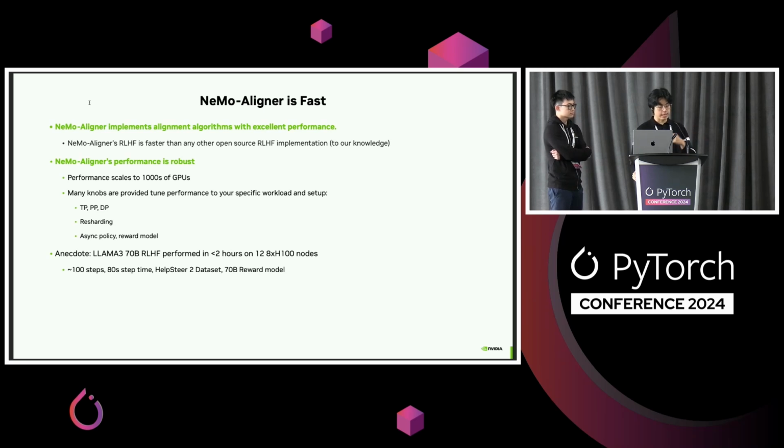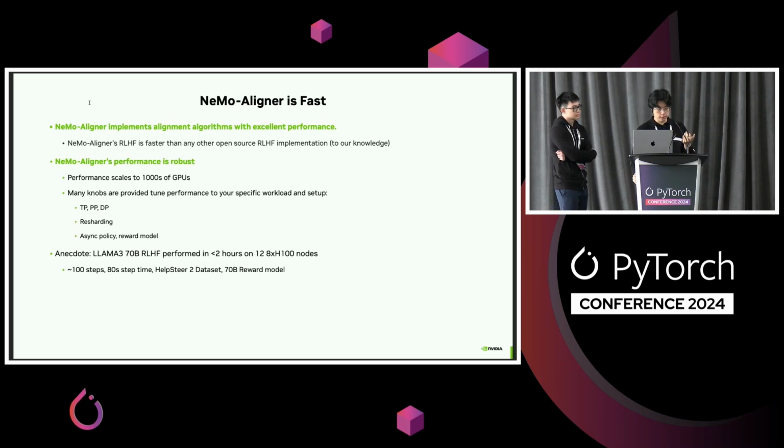We also provide many knobs to tune performance to your particular workload and setup. For instance, we have 3D model parallelism, which I've described, resharding, and this distributed approach to RLHF. We expose many performance knobs so that even if your workload is kind of unique, chances are you'll be able to tune perf with these knobs so that it's also excellent for your case.